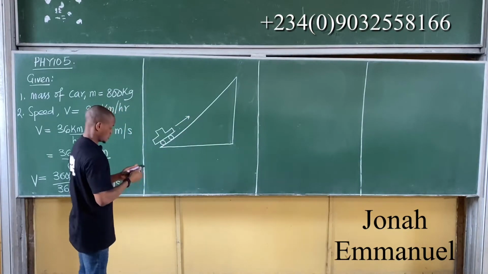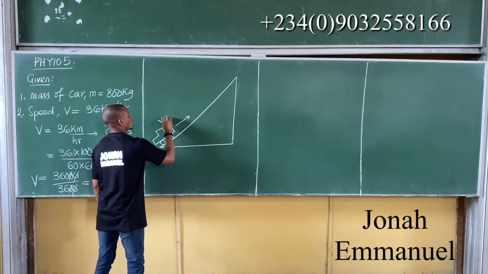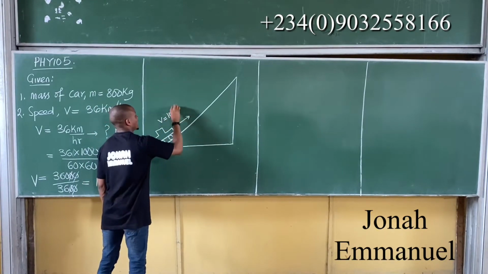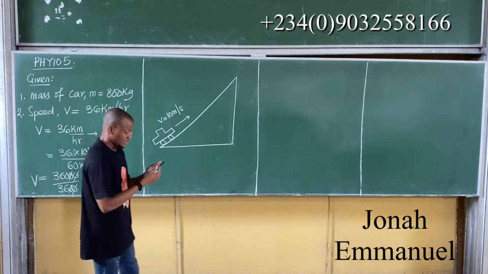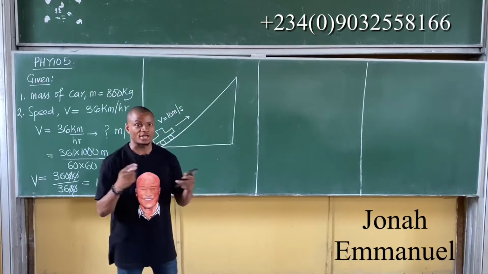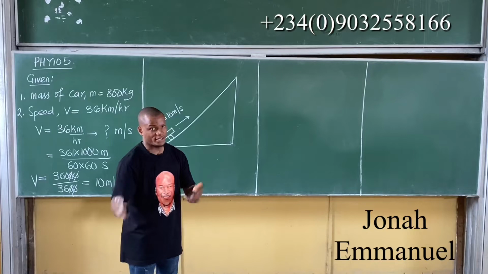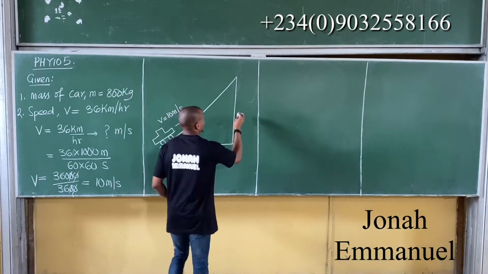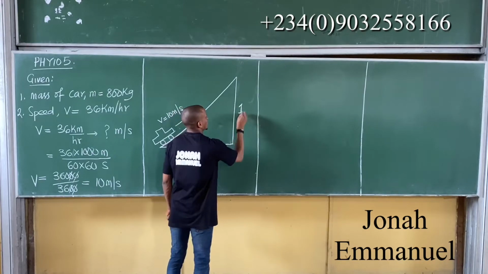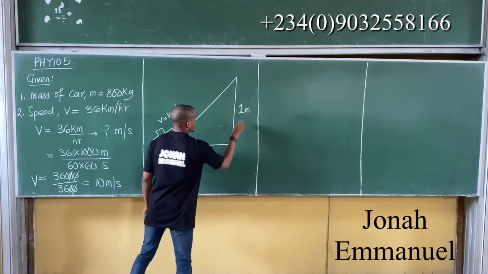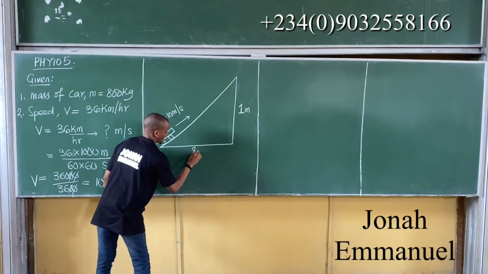Alright, so we have that the velocity of the car V is equal to 10 meters per second after the conversion. Also, they said the inclined plane is 1 in 8. Now, when they say 1 in 8, what does it mean? 1 there represents the vertical distance, that means 1 meter, and 8 represents the horizontal distance, that's about 8 meters.